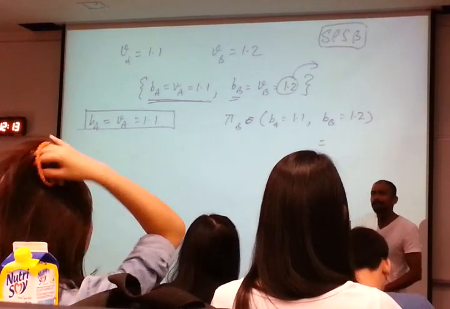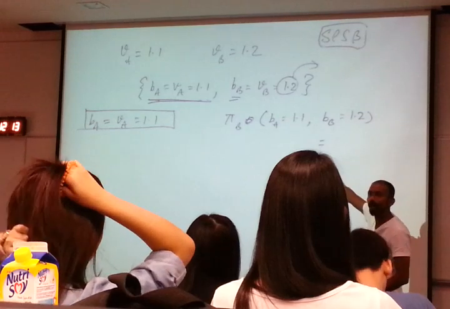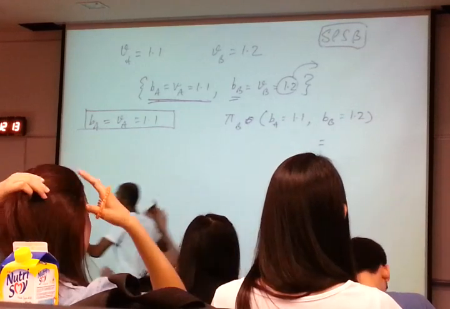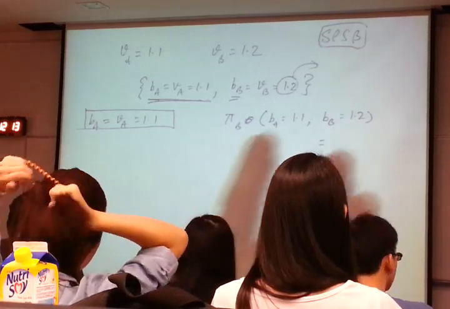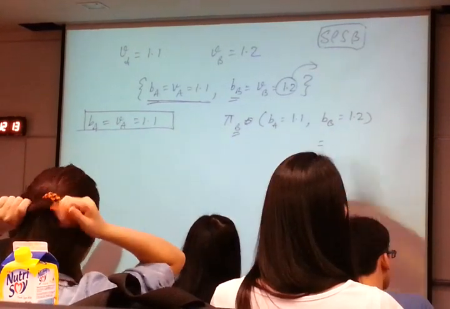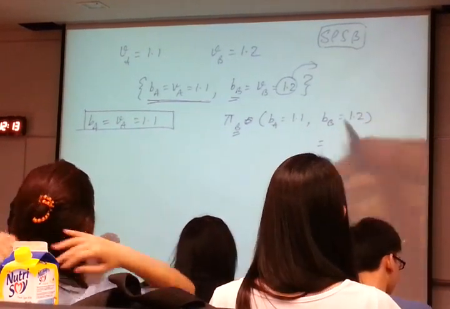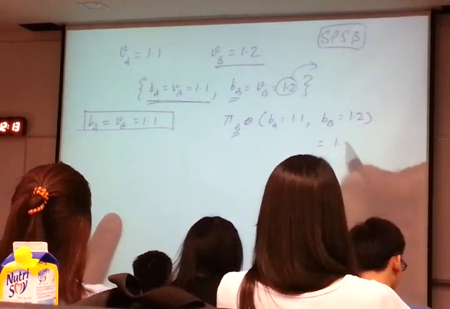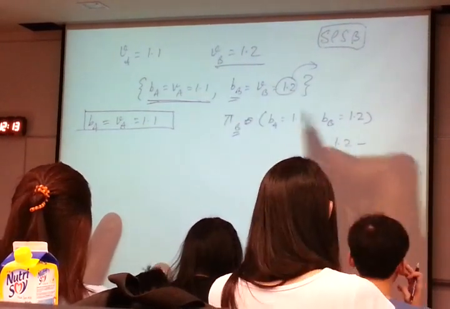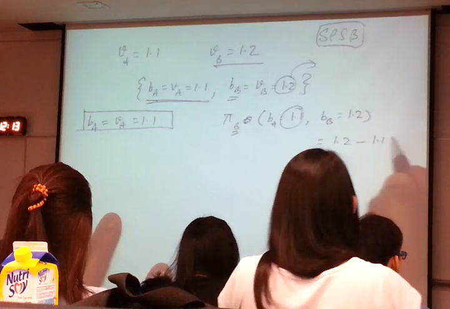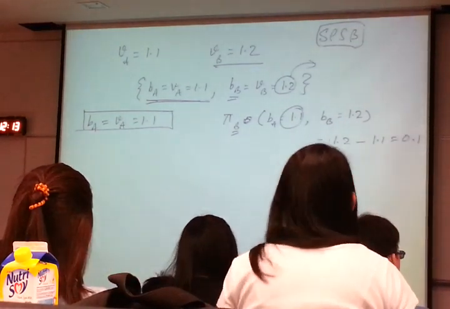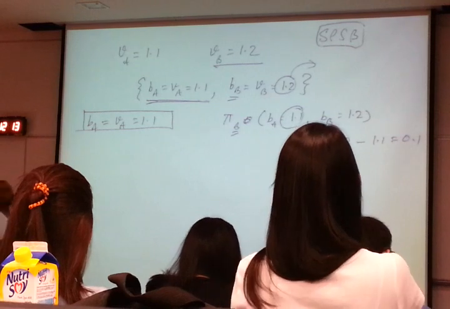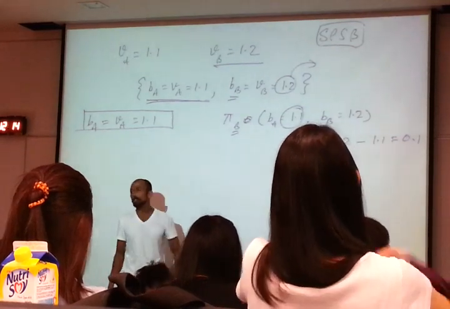No, he will pay the second highest bid, Alex's bid, which is 1.1. Therefore, Bert's payoff from this pair of bidding strategies is valuation minus price. What is his valuation? It's 1.2 minus the price he is paying, the second highest bid, 1.1, which is 0.1. Okay, this is Bert's payoff from this pair of bidding strategies.